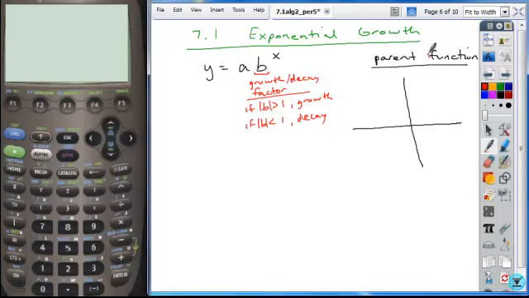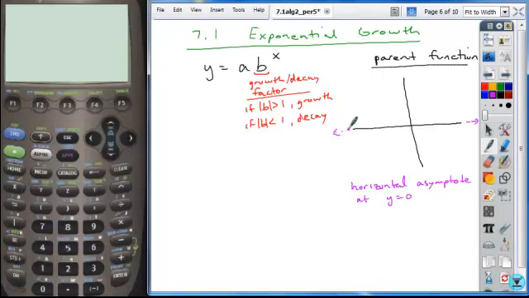The basic generic function for exponential growth looks like the following. It'll have a horizontal asymptote at y equals 0, which is represented by a dashed line.